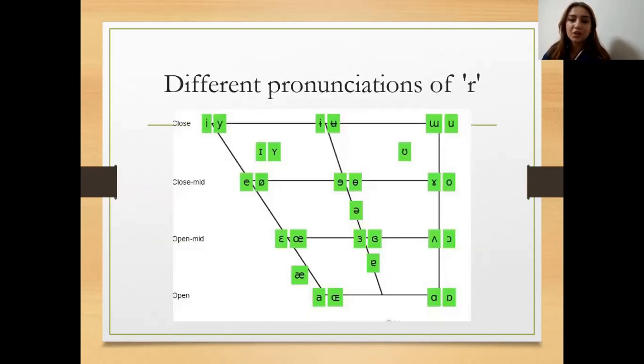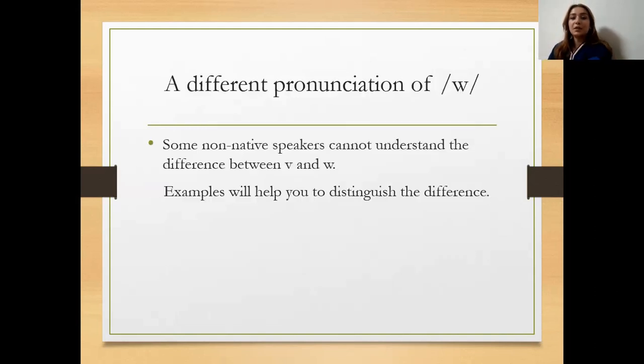Different pronunciations of R: close, close-mid, it's about our mouth, open-mid, open. A different pronunciation of W. Some non-native speakers cannot hear the difference between we and we. As a non-native speaker, I don't have a problem at that point, but sometimes it's not easy to understand.